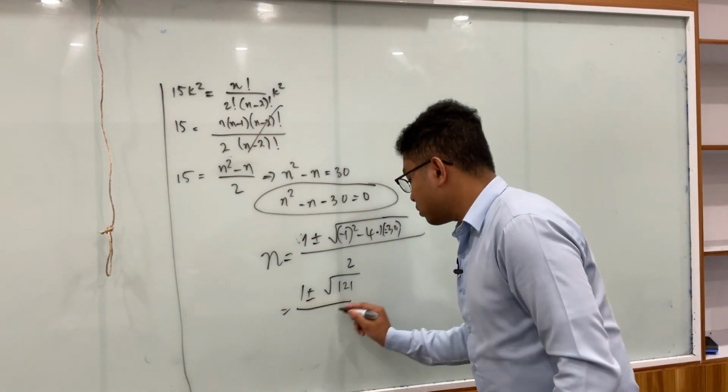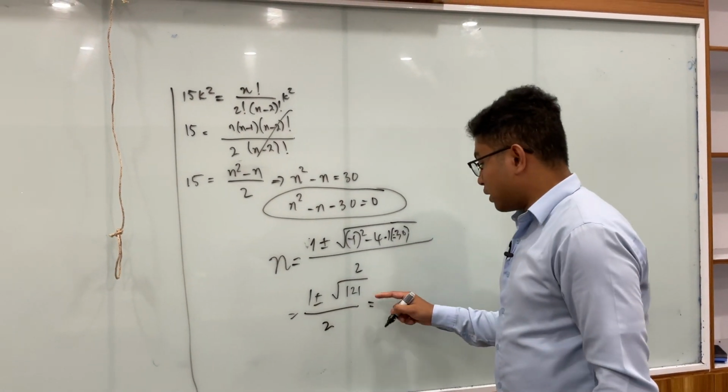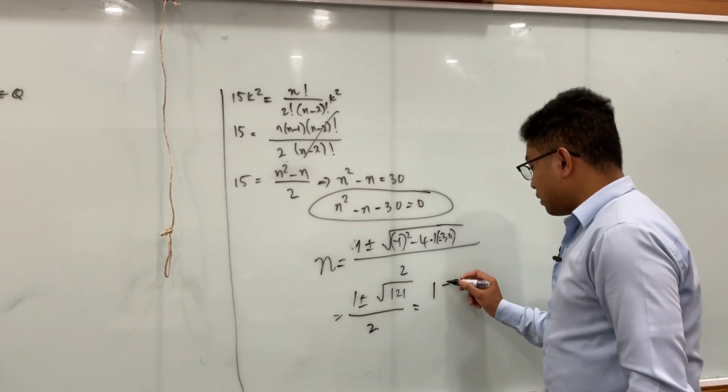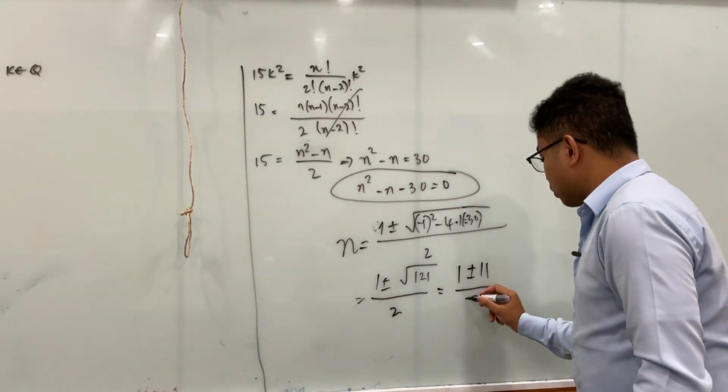So over 2, but the square root of 121 is 11, so (1 plus or minus 11) over 2.